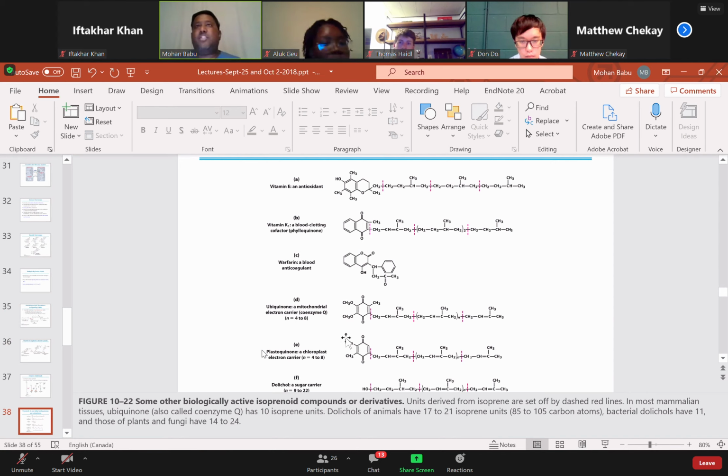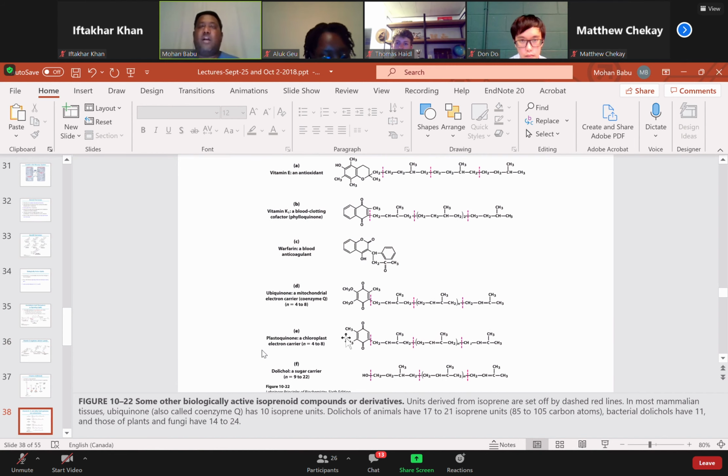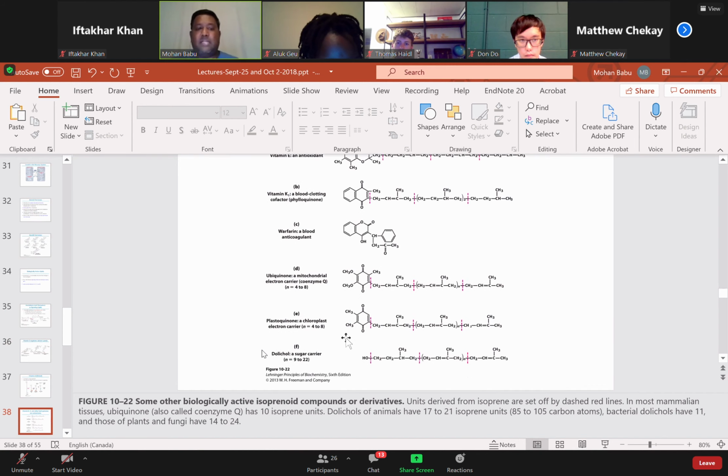These are some of the biologically active isoprenoid compounds or derivatives. They are very important in humans, and in bacteria the dolichols are very important. Just remember some of these examples of isoprenoid compounds, mostly vitamin E and K and other lipid antioxidants.